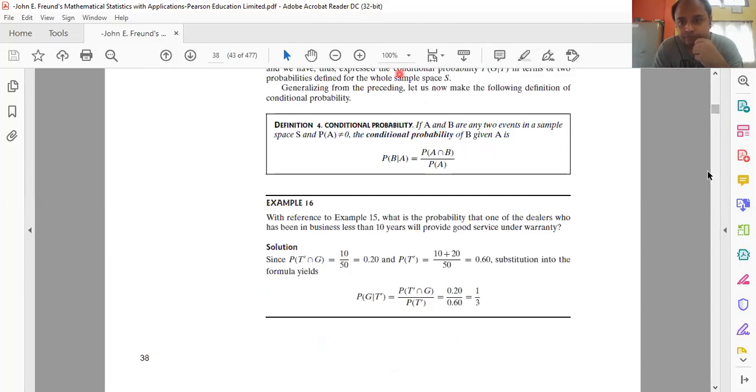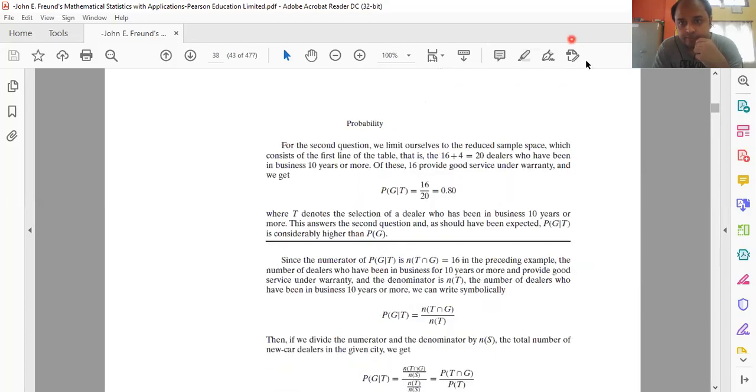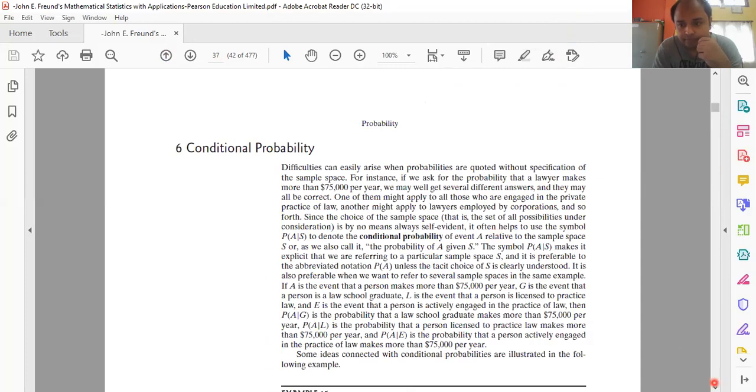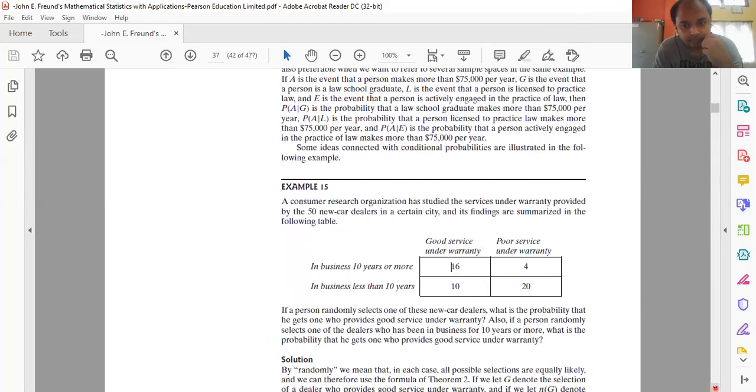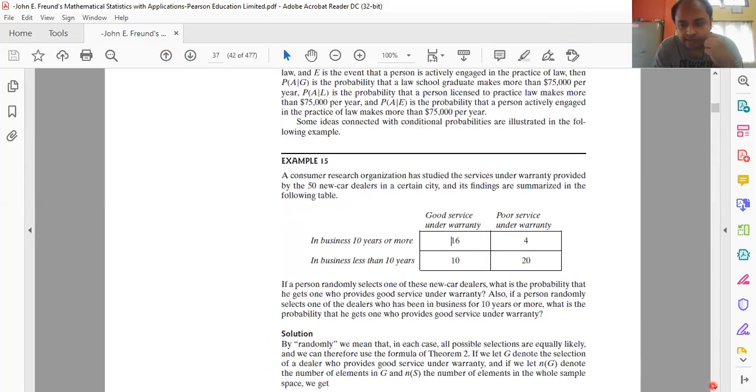Let us look at this chart, the chart which I was sharing with you.